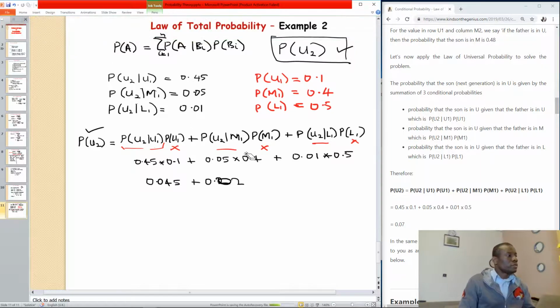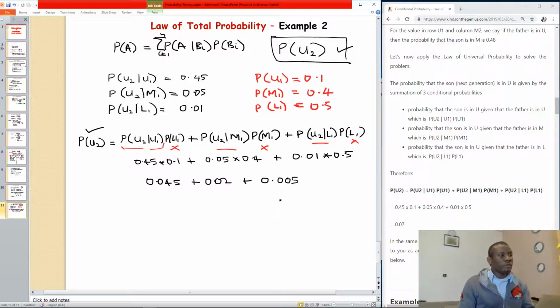I recommend you do this also by yourself, using a pen and paper. So it gives us 0.02, plus in this case we have 0.005, right?